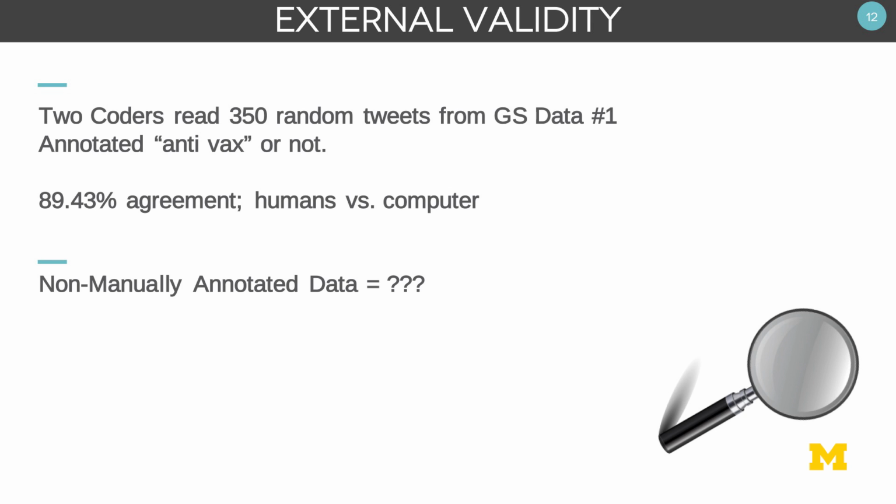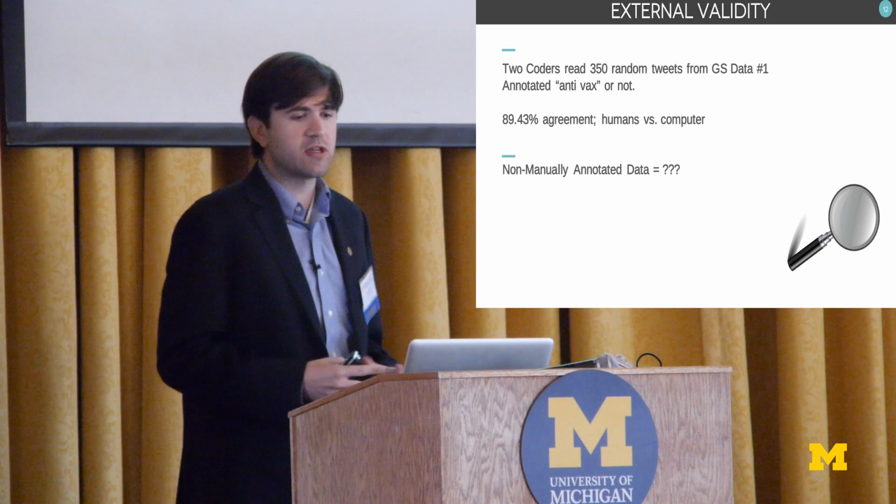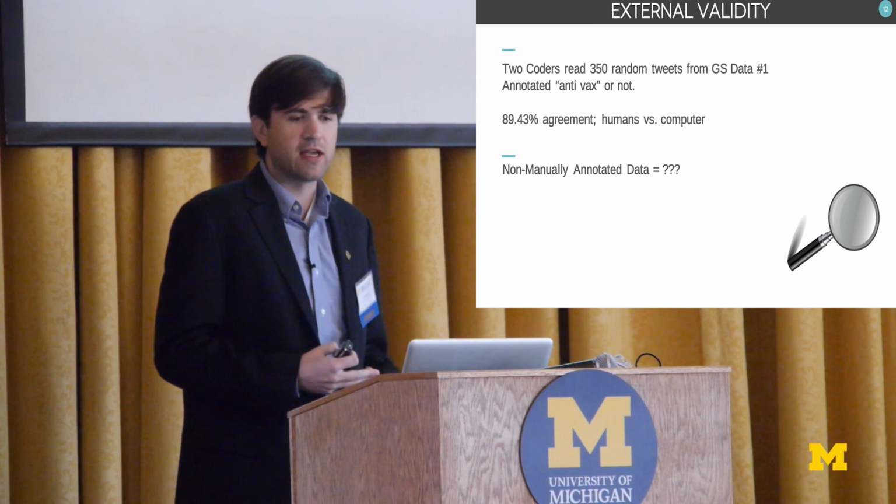A common practice in the social sciences, when we actually have a computer do anything, is to take a small subset and verify that the computer actually did what we thought it was going to do. And that is something that I don't see as much in other areas, and I wish I would see more of it.